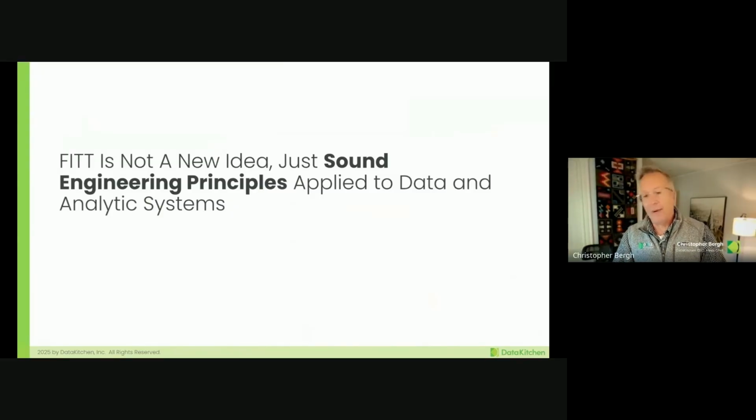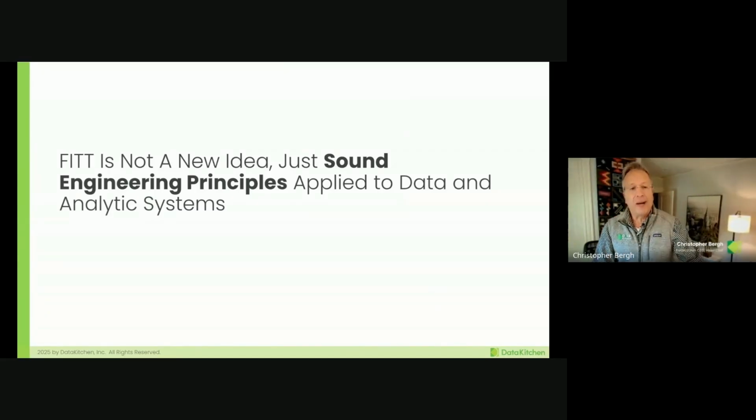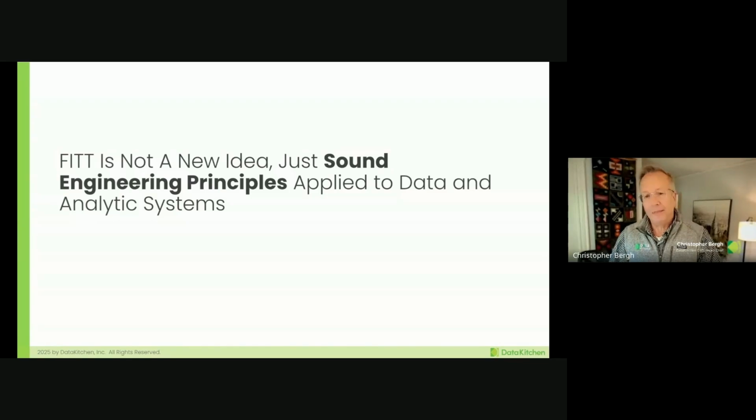Idempotency has been around forever, right? It's just a fancy name: you do it again, you get the same thing. And testing obviously has been around, and two-stage data architecture. So this is nothing new. It's just taking some of these ideas and mapping them onto data and analytics systems.